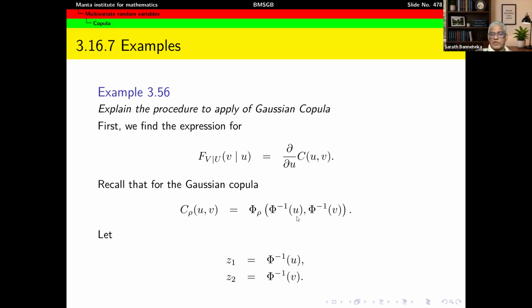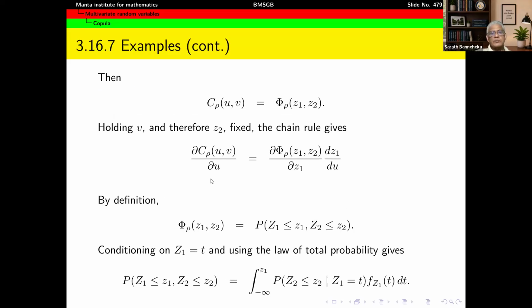Right. So as I mentioned, in order to get this conditional cumulative distribution function of v given u, we have to take the derivative of the copula that we are using with respect to u. So therefore, in this case, we have to get the derivative of this function, this copula. And we can prove that that derivative is equal to this expression here.